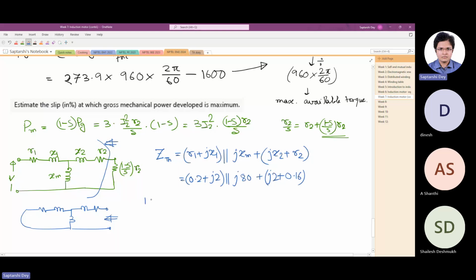So for maximum power output, 1 minus S by S times R2 should be equal to the modulus of this, which you will get 3.97 ohm. So 1 minus S by S times R2 is 0.16.